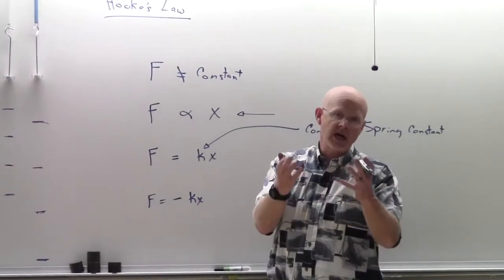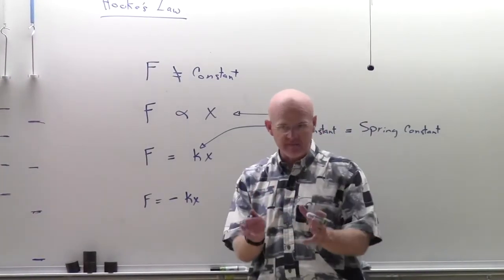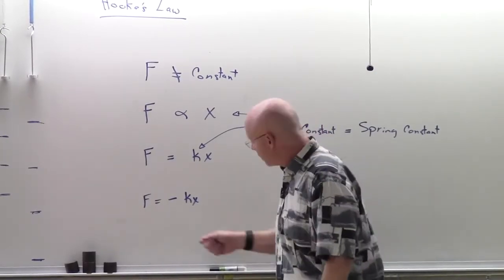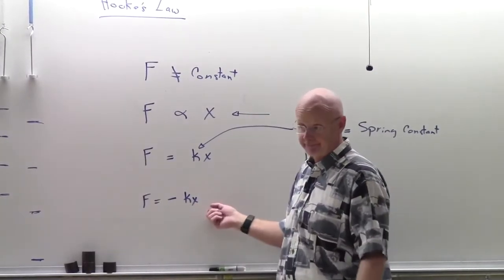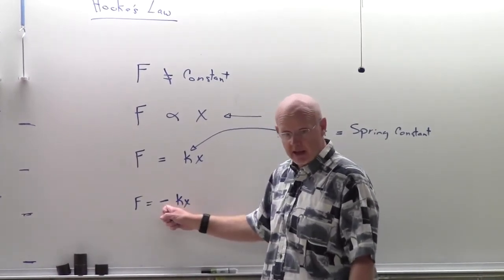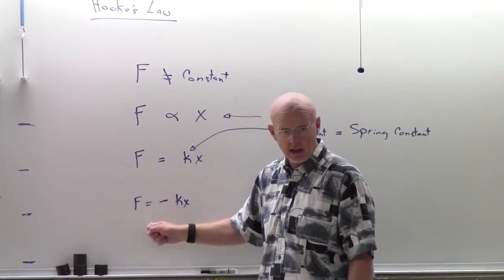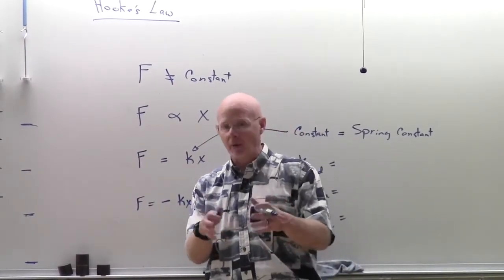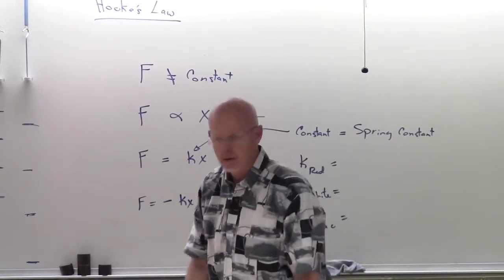And then likewise, I could have just as easily switched the convention and called down positive. That's fine. And so x would have been positive. But the force then would have been a positive times a negative, which would have made it a negative. So the force still would have been upward, but now upward we're labeling as a negative number.